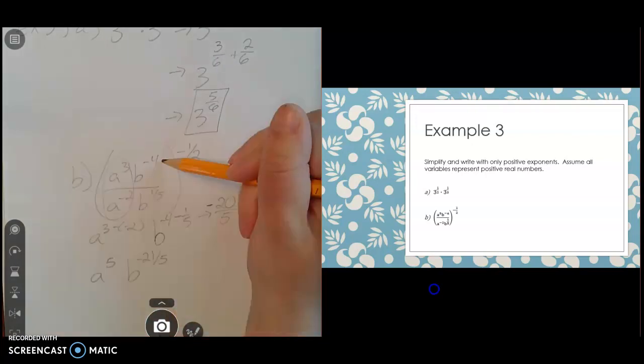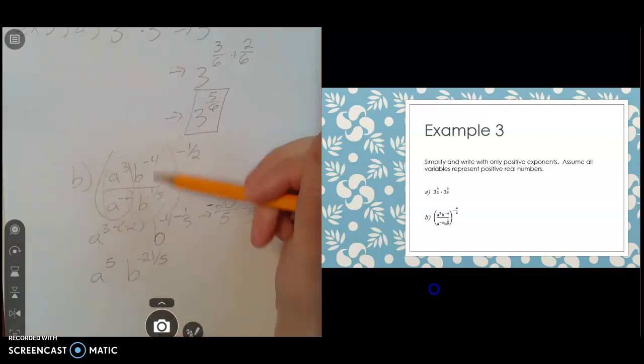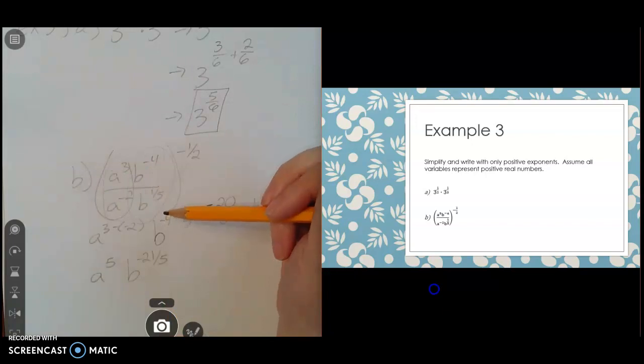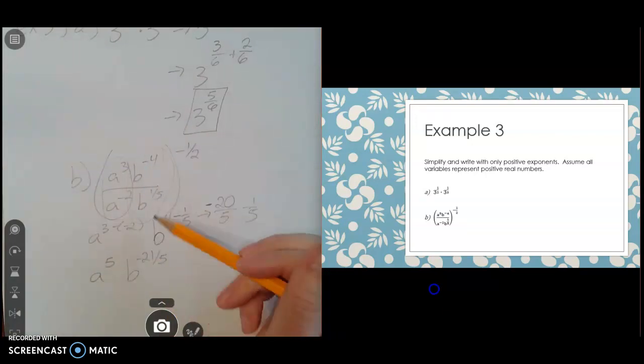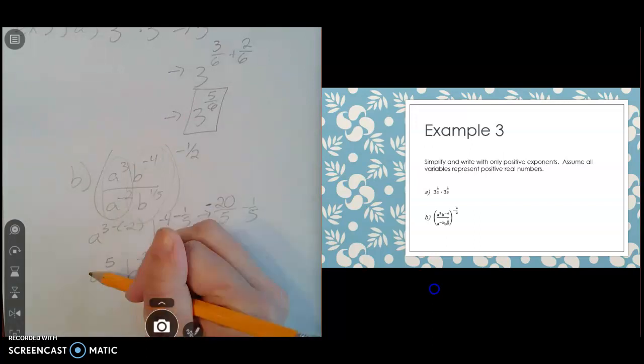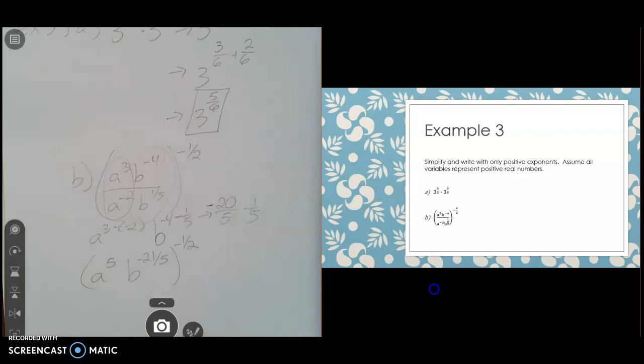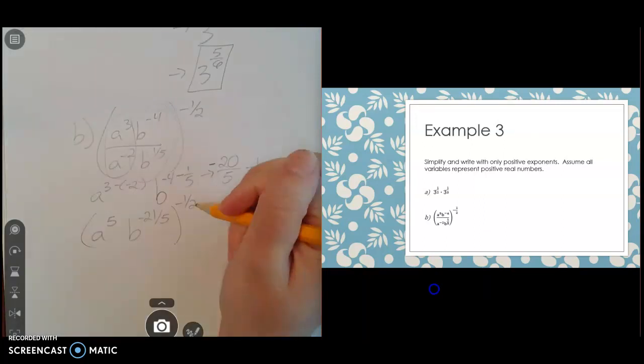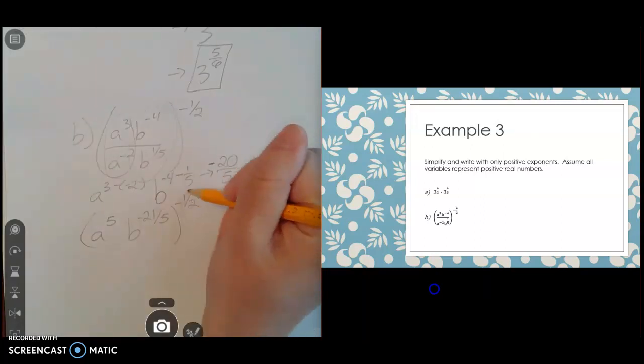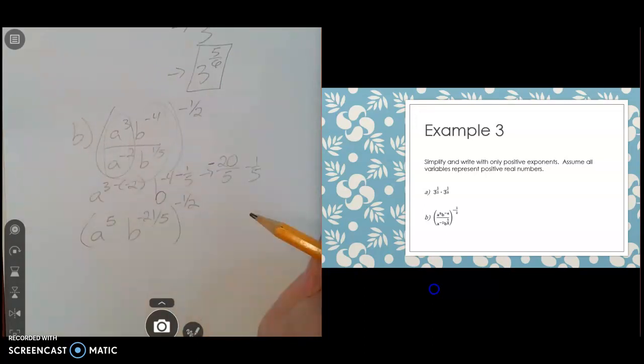So that's just dealing with that quotient rule with dividing when you have the same base, okay? Now that I've simplified as much as I can on the inside, then I'll raise it to the -1/2 power.